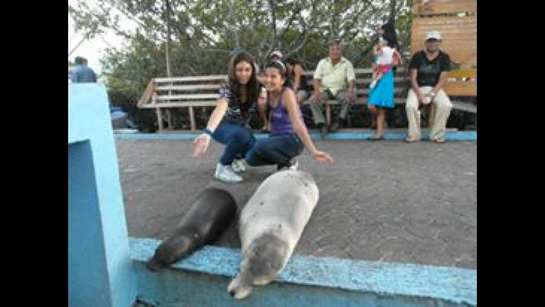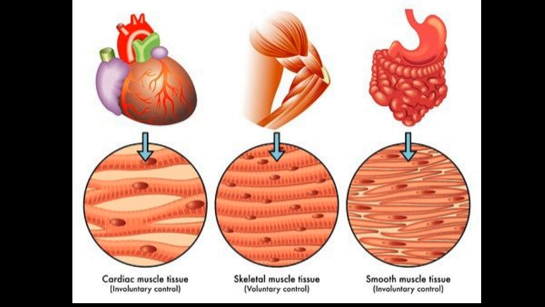Smooth lines the walls of most hollow organs such as blood vessels and the digestive tract. Regularly, the contraction of the pulse sends the blood through your circulatory system.